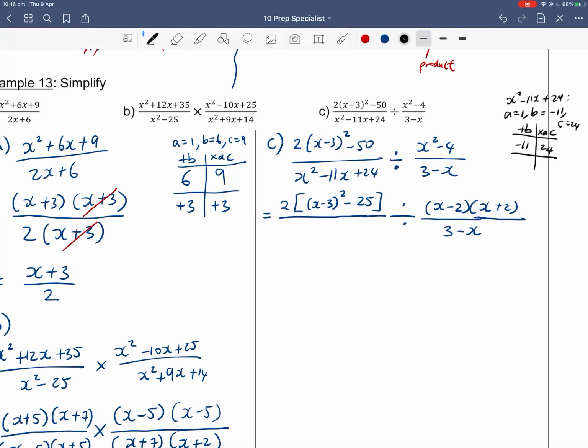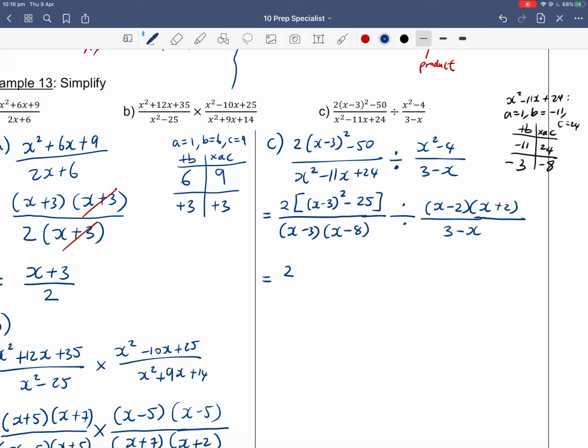I need a positive 24, but they add to be negative. So a negative 3, negative 8, they multiply to be positive 24, and they add to be negative 11. So back over in the fraction, we have x minus 3 bracket x minus 8.